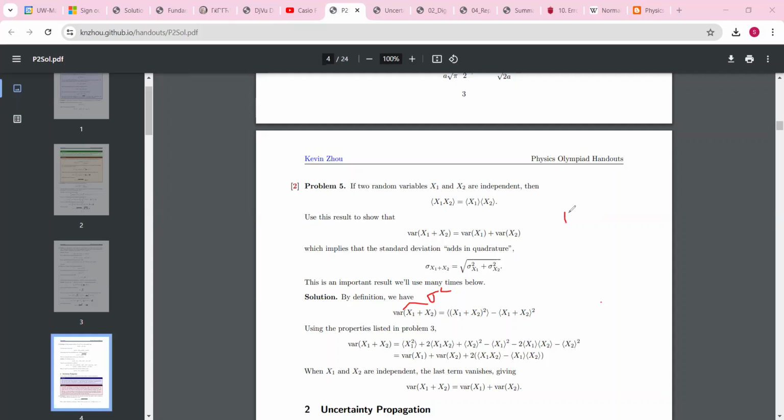By definition, what is the mathematical definition of variance? Variance of variable x, or sigma squared. Besides the statistical definition from before, there is another definition: the average of x squared of the variable minus the average squared. This is just purely the result of statistics.